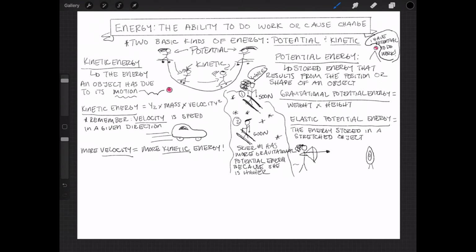Now, as my person pulls back on the arrow, the greater the bow's elastic energy.